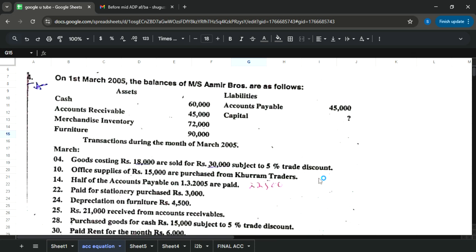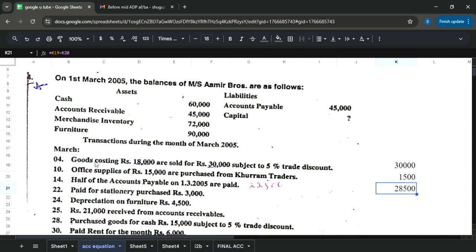Here you can calculate: the amount was 30,000 and 5% was the trade discount. So 30,000 multiplied by 5 divided by 100 gives 1,500. After this you will calculate the net amount. So 30,000 minus 1,500, we have 28,500.